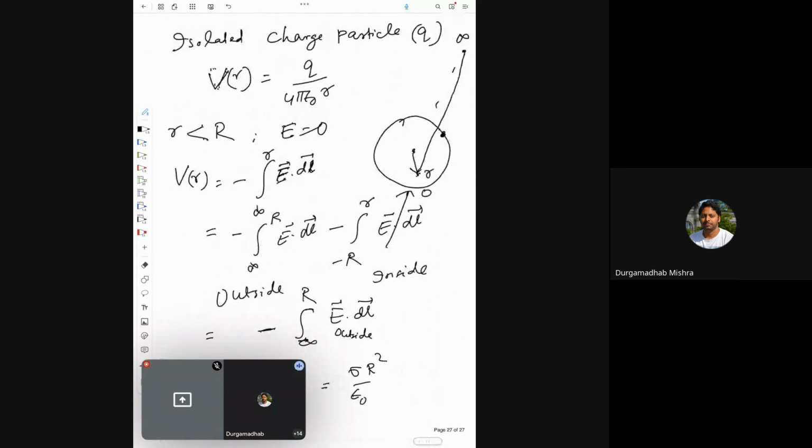In place of 1 over small r, I will have 1 over capital R. So this will be equal to sigma R by epsilon naught, constant. Okay. So the potential inside the spherical shell is constant.